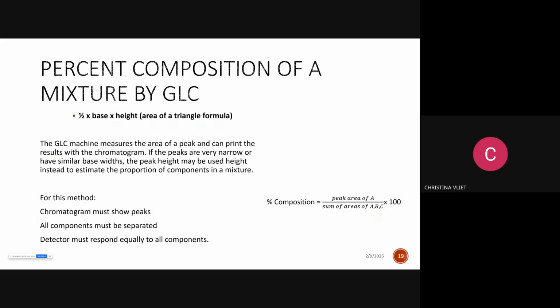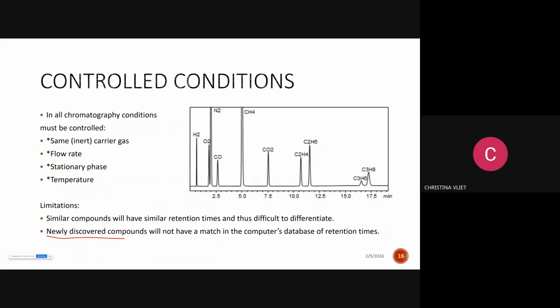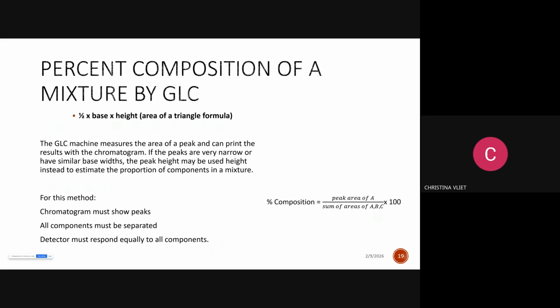All right, so there is some math you can do here. I know you're so excited. This actually follows, it doesn't really look like it here, but these are triangles, and you can use the formula one-half base times height to figure out how much of your component you have out of the components of the mixture.